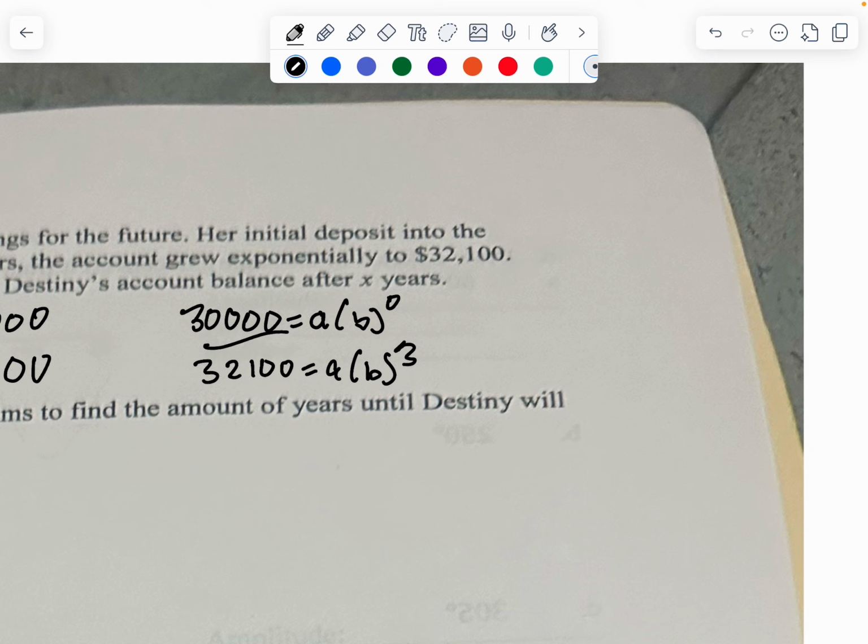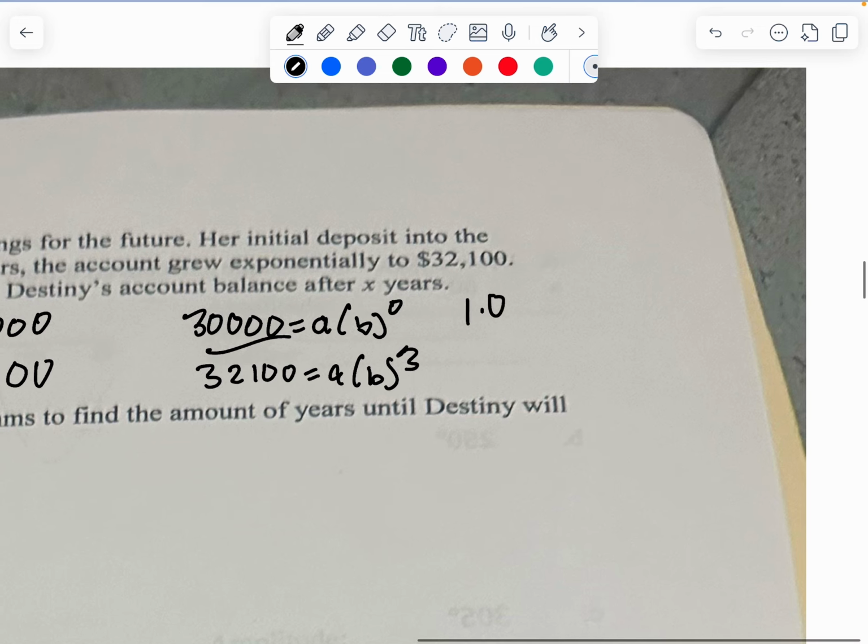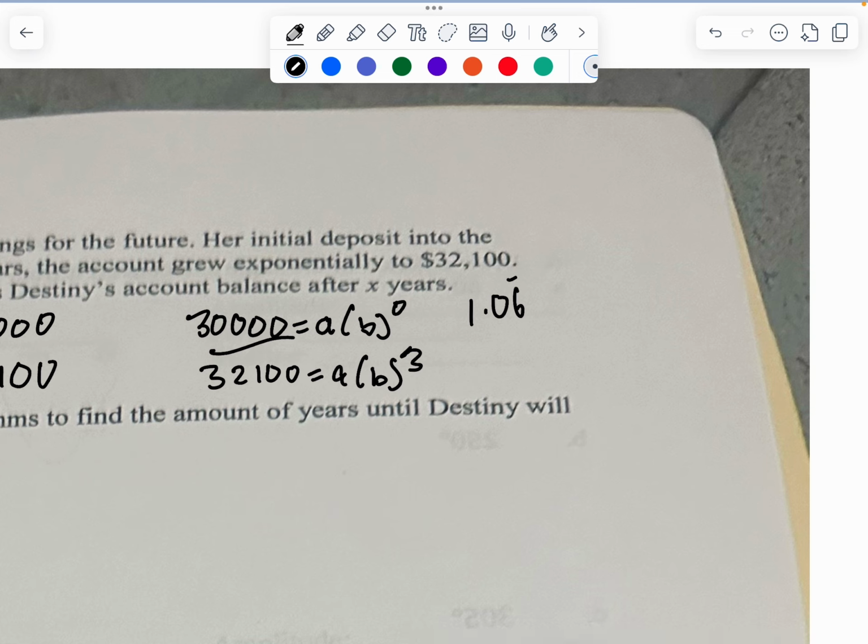So 32,100 divided by 30,000 is 1.06 repeated. And then a divided by a is nothing, is 1. b to the third divided by b to the 0 is b to the third. So now we'll take the cube root of each side to get b.